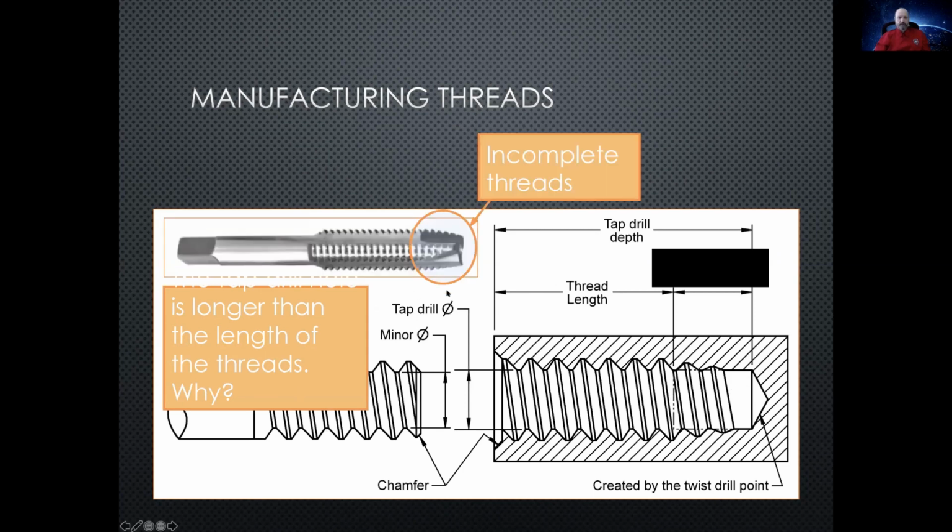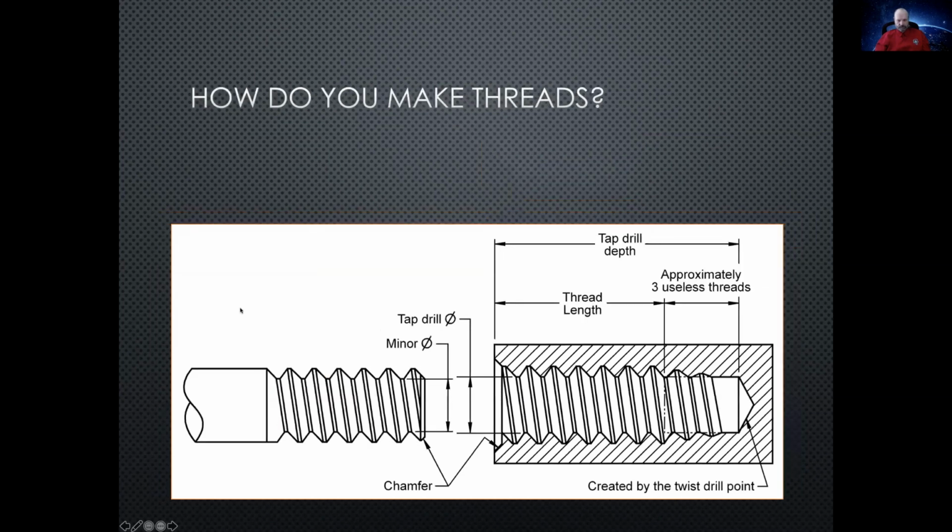Okay, because of this. Remember the tap. This gets your thread started, and then you cut these threads. These are the ones that are going to actually be engaged, right? So this bolt will go in about this far, and then you have some extra hole there.